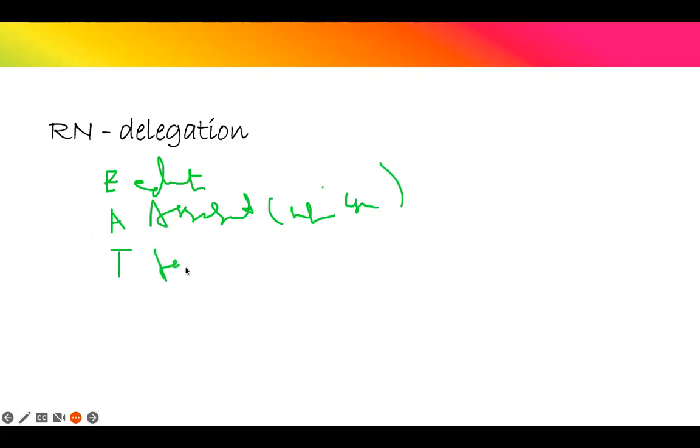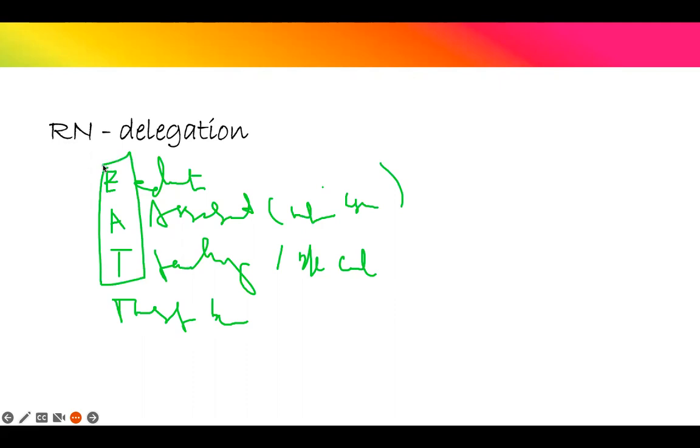And they provide teaching, especially at discharge. So discharge teaching, education about medication. And they also do blood transfusion, initial blood transfusion. So the HEAT is the most important. And they are involved in taking care of the patient in terms of initial blood transfusion.